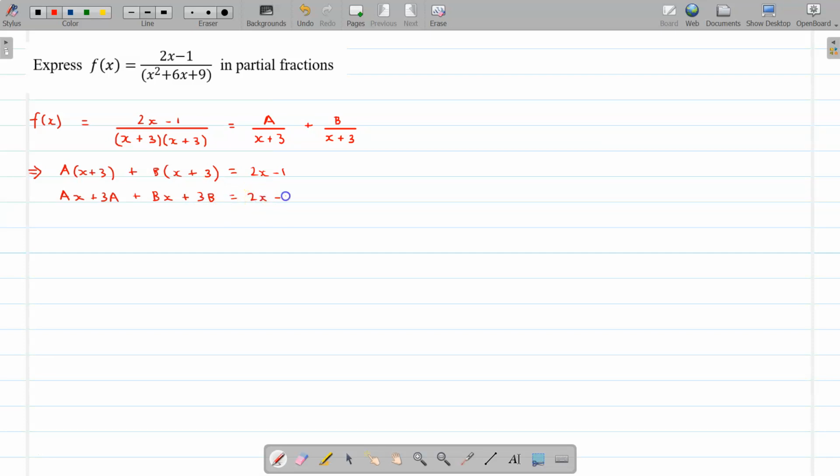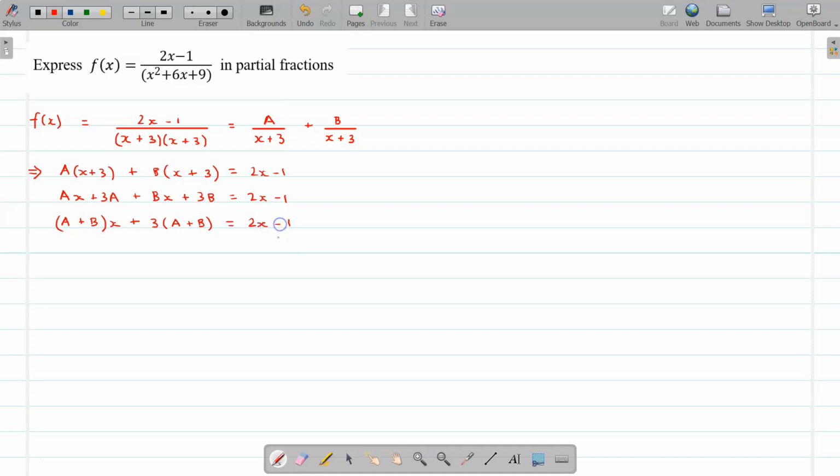And then we would say, okay, let's equate coefficients, but first gather like terms together. So we would have ax, or a plus bx, right? So a plus b times x, that's coming from this term and this term, plus 3a plus b as the constant, if you like, the number, would equal 2x minus 1.